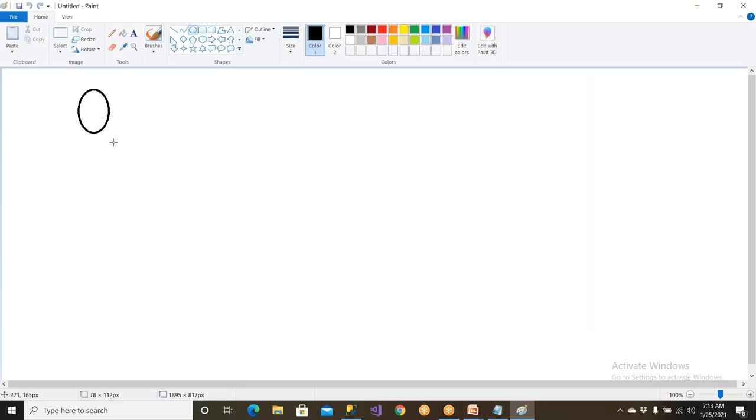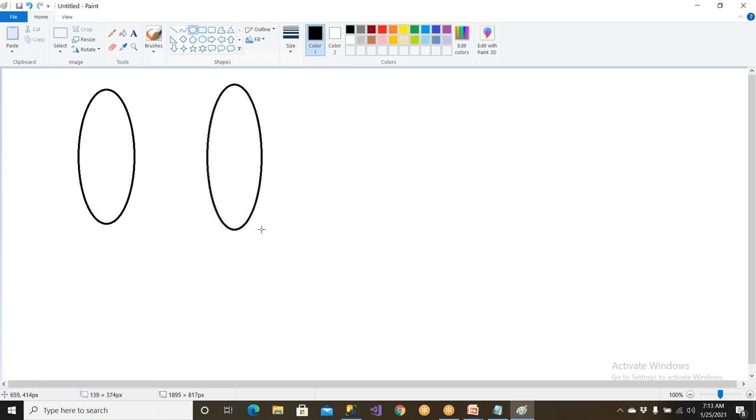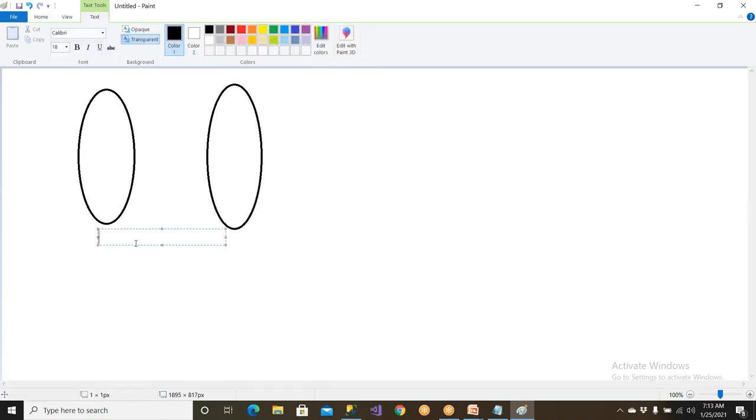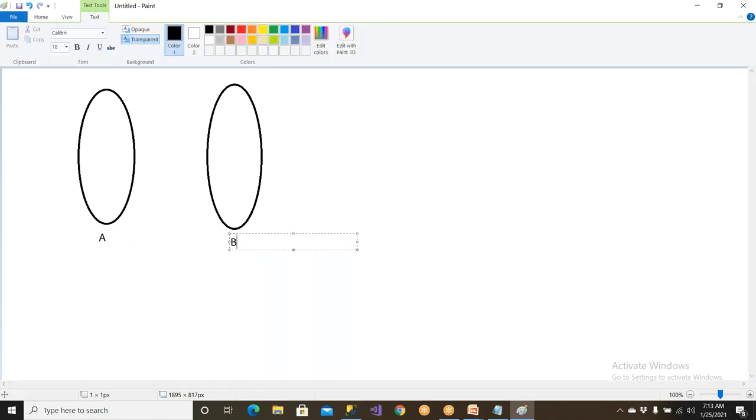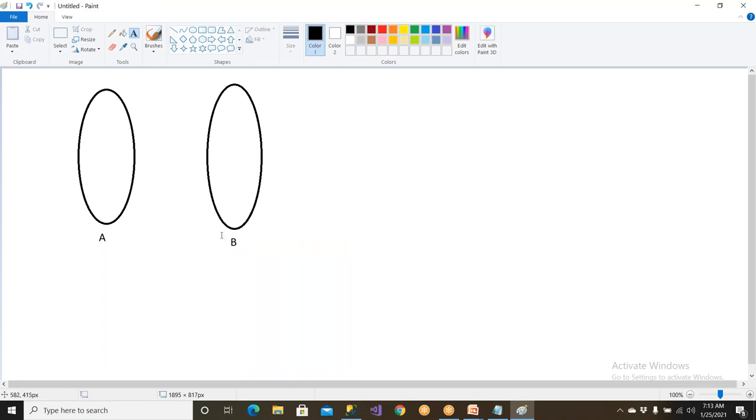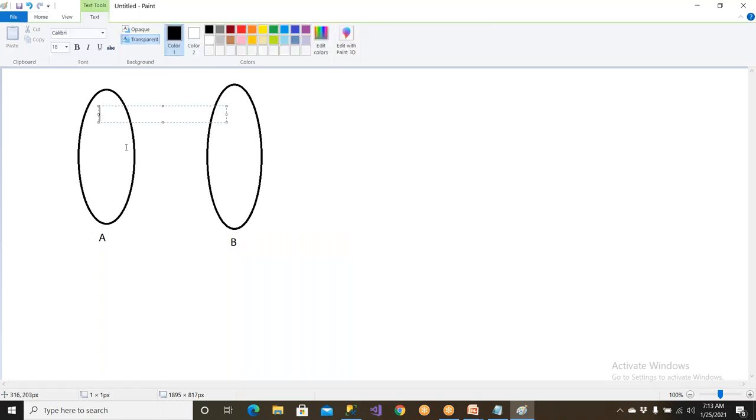I have a table A. Joins are created with the help of set theory. I have a table A, I have a table B, or in mathematics, we'll say we have a set A and a set B. I have 1, 2, 3, 4, 5 here, and here I have 1, 2, 3, 3, 6 and 7.